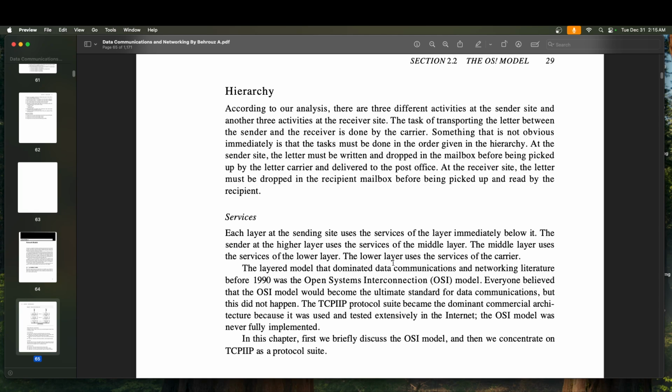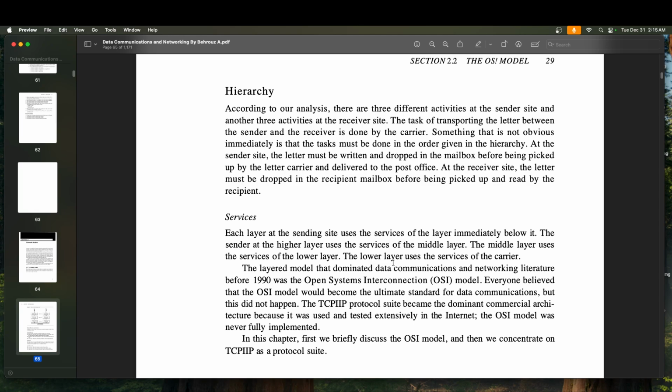At the sender side, the letter must be written and dropped in the mailbox before it is picked up by a post person who carries it to a sorting facility, sorts it according to the city, and takes it to that city's mailing facility. From there, it goes to the nearest post office or wherever the receiver has his post box, and from there it is picked up by the receiver.